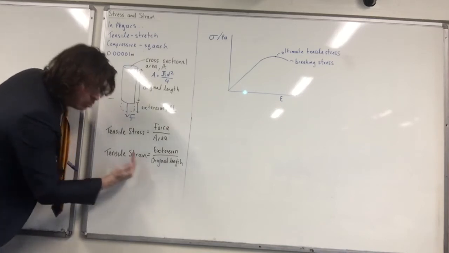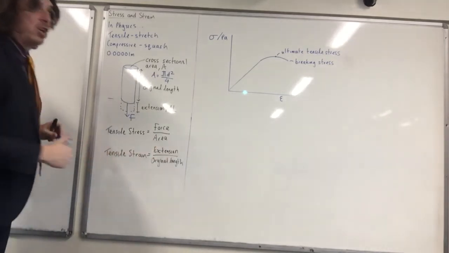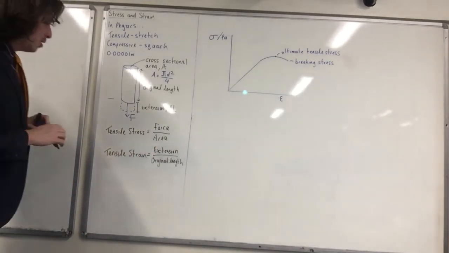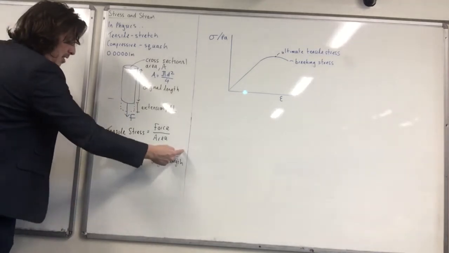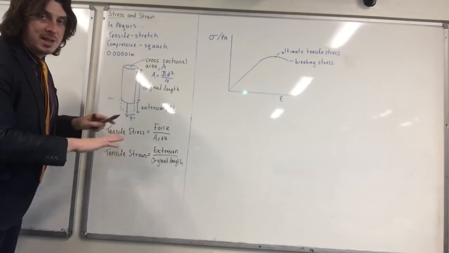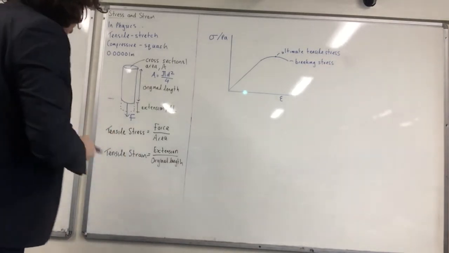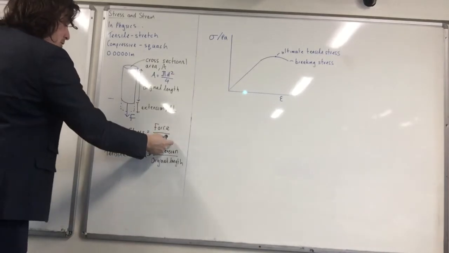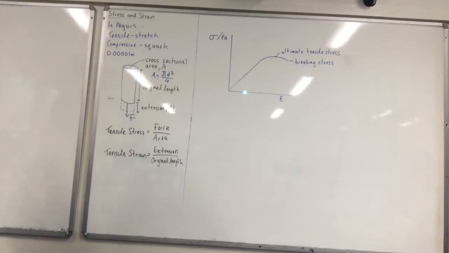So you have a very steep gradient on a stress-strain graph because you don't get extension when you apply forces to glass. Because it's meters divided by meters, they cancel each other out. Tensile strain has no units. So stress is force divided by cross-sectional area, strain is extension divided by original length.